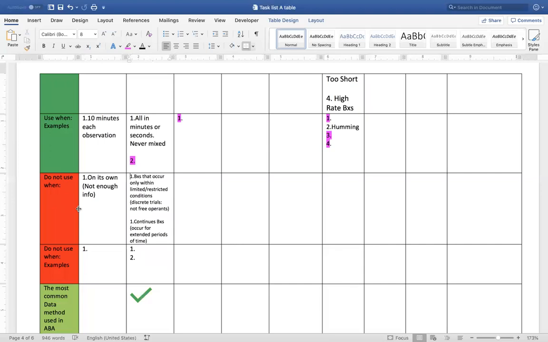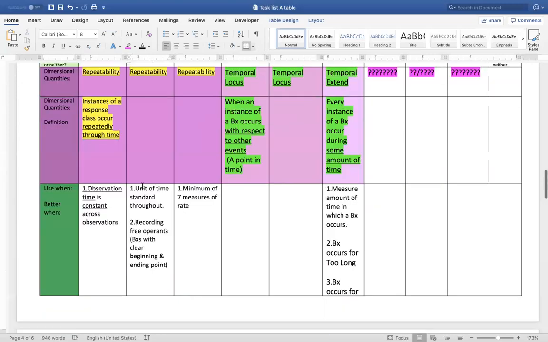Is it rate, duration, or count? It's count. Behavior that occurs only with limited, restricted conditions cannot be used. For the last one, with rate. Okay, I think that's it, guys.